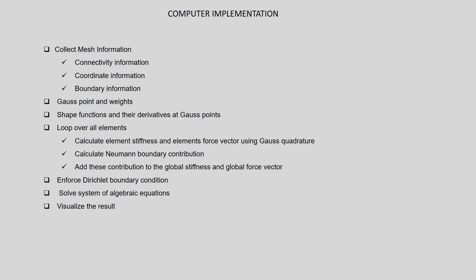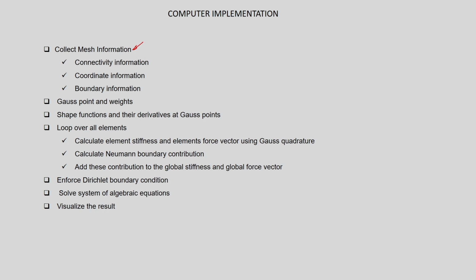First, we need to collect the mesh information. So, what is a mesh? A mesh is basically the combination of the elements and the nodes that we get after the discretization.